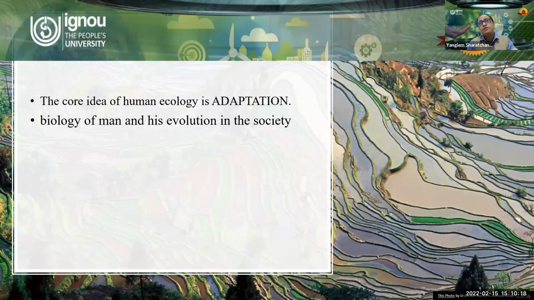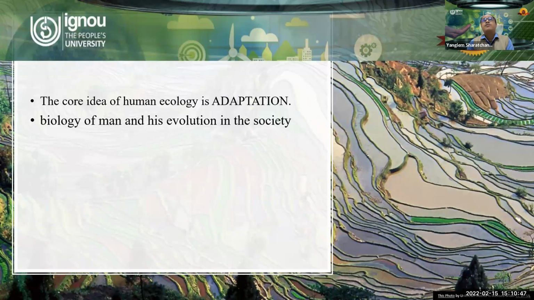For example, if you look at what has happened when we were hunter-gatherers, our physique, our body structure is different from the next, from the Stone Age to different ages. Then even from one culture to another, different cultural evolution, from agricultural evolution, what kind of physique we are having, and from the industrial revolution also.